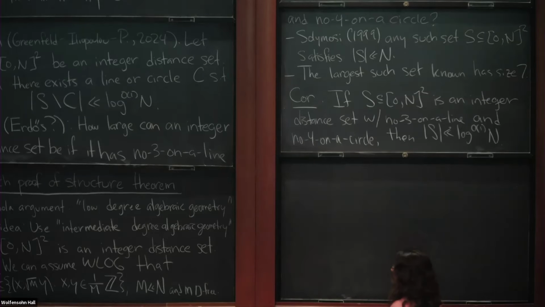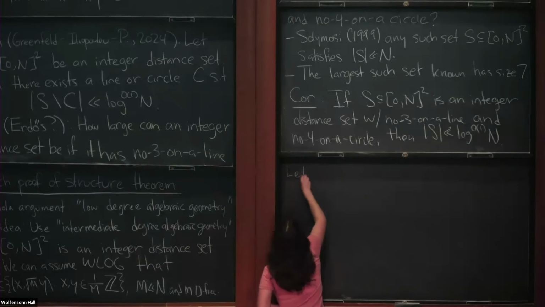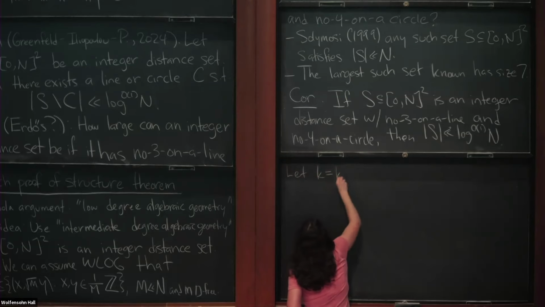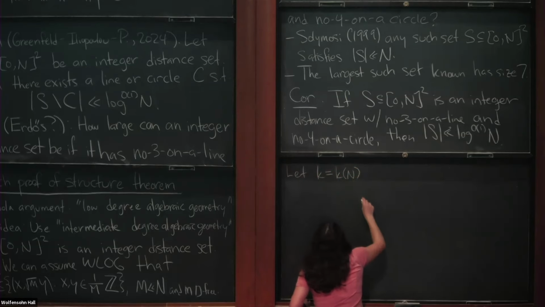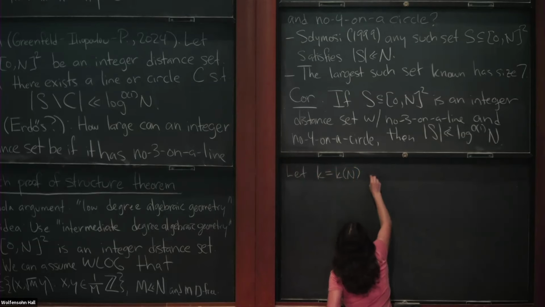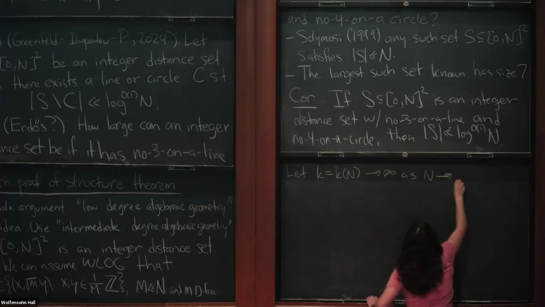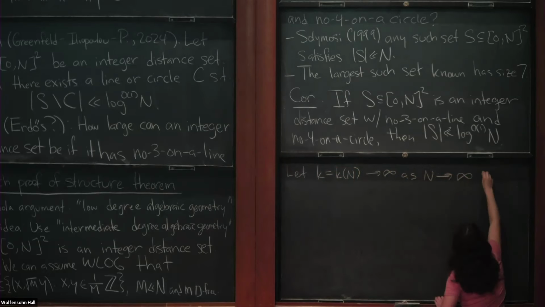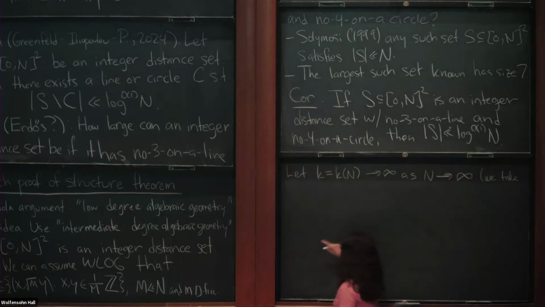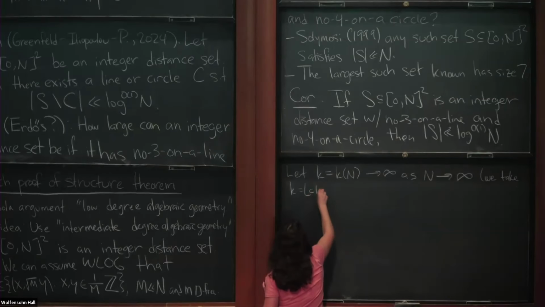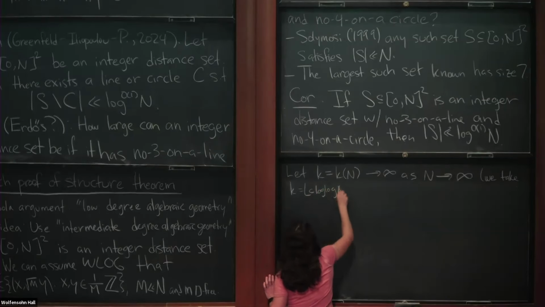All right, so to actually start the sketch, we'll let K be some integer parameter that goes to infinity with n. We'll eventually take K to be the floor of some constant times log n.